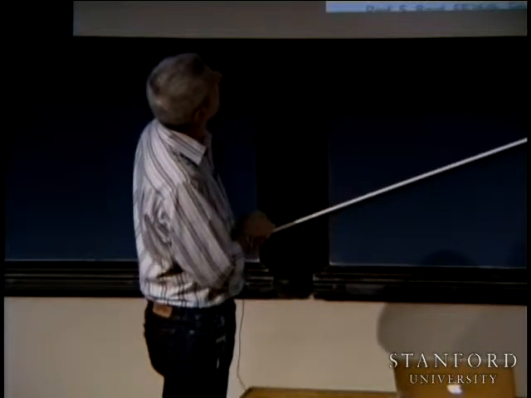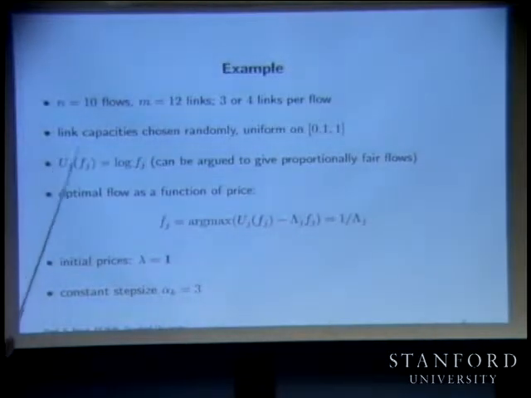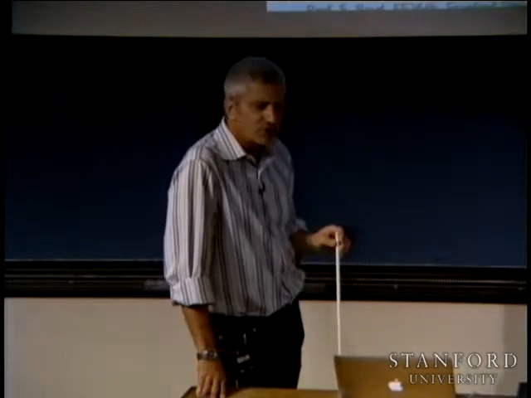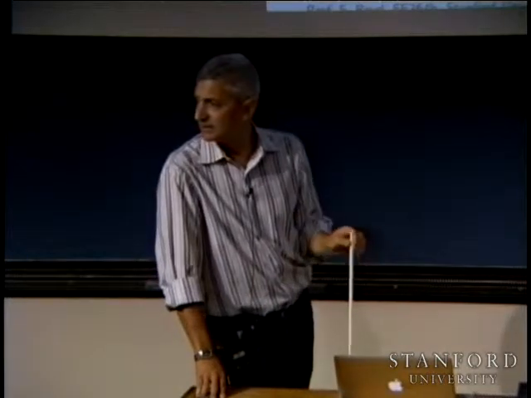All right. So this is just a simple thing. There are 12 links. The link capacities are chosen randomly, and we'll use the log utility. By the way, if you go to Google and type in log utility network, you'll find tons and tons of stuff. There are arguments you can make, like it delivers proportional fairness to everybody.